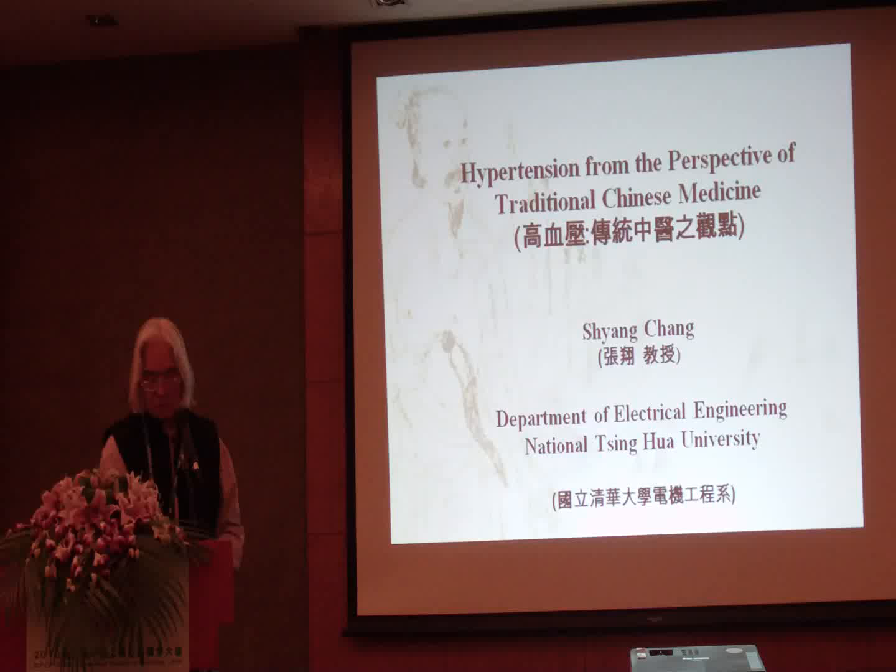Thank you, Mr. Chairman. Ladies and gentlemen, it's a great pleasure for me to present hypertension from the perspective of traditional Chinese medicine. I have 5 main themes. Number 1, hypertension is a concept that needs evaluation. Number 2, our body actually needs blood flow, not blood pressure. Number 3, the blood flow in the body's blood distribution is actually regulated by the state of neurovascular impedance.